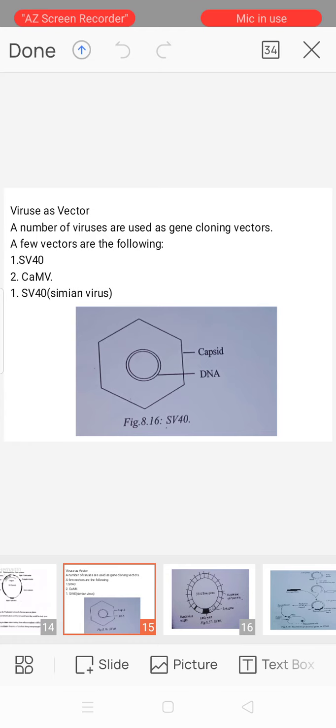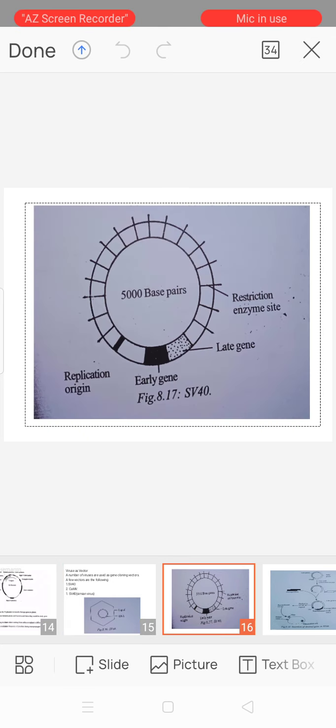It contains two specific sites, namely the early gene and the late gene. The early gene functions early in the infection cycle and codes for viral DNA replication. The late gene expresses in the later stage. It also contains a replication origin site.